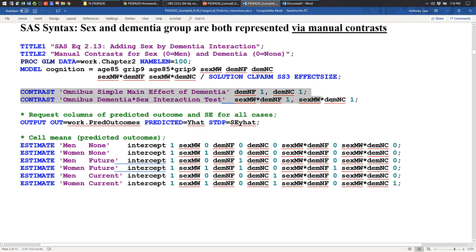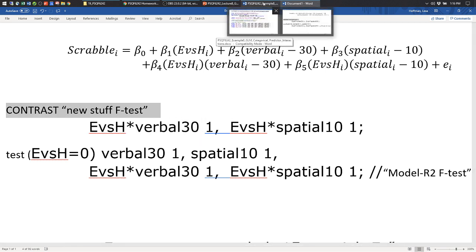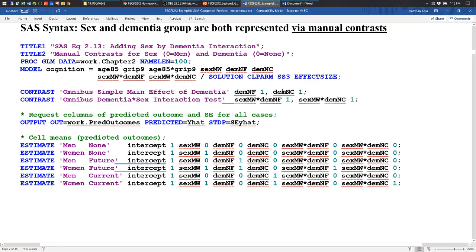These 2 contrasts are an example of what we just talked about with respect to your homework, the idea of contrast new stuff, or more generally contrasts of multiple things put back together. The first one gives me the overall simple main effect of dementia, lumping the 2 main effects back together again.